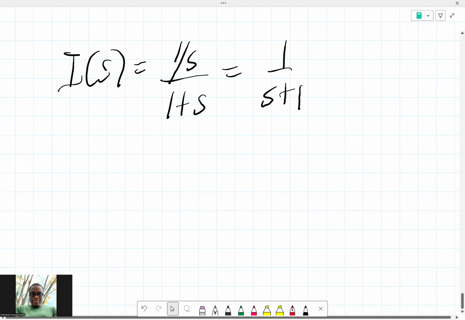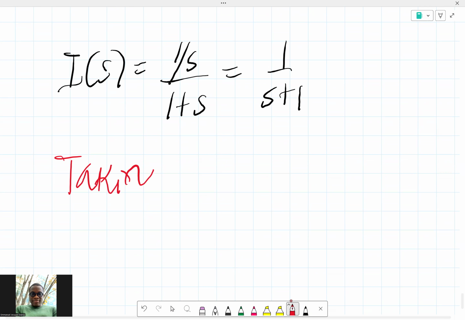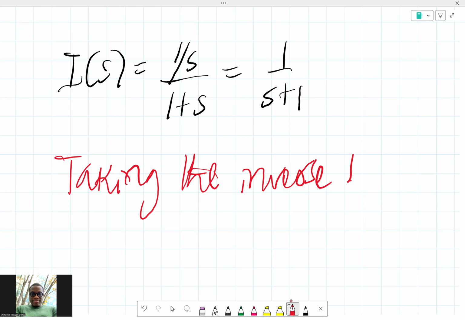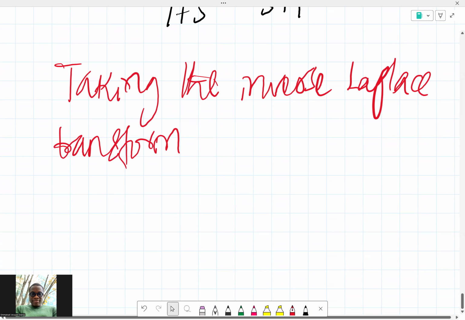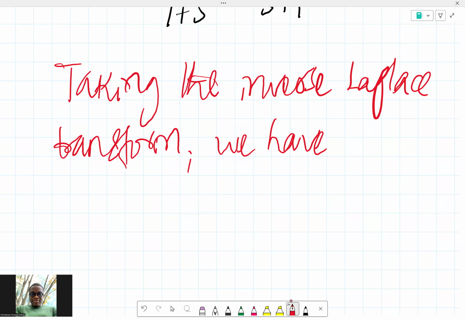goes that way. So taking the inverse Laplace transform, we have i(t) equals e raised to minus t again.